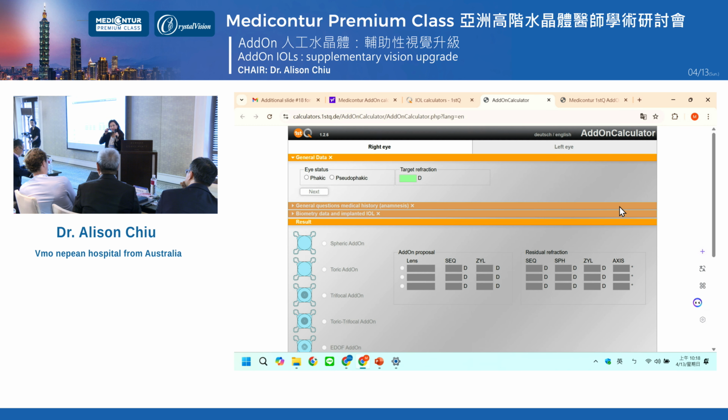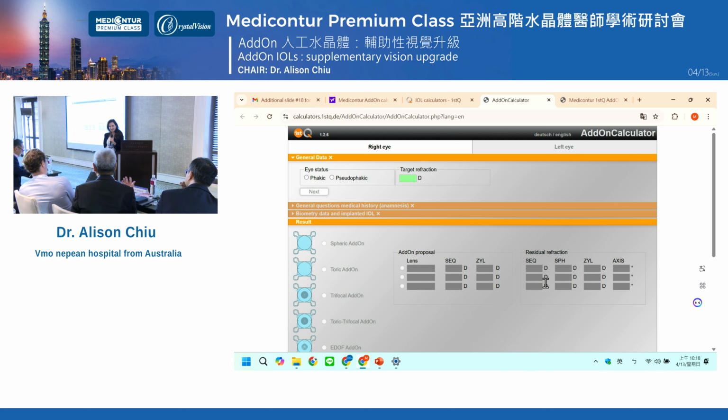So the approach that we follow is, if a patient is highly myopic, let's say -6 and above, then I will have a long conversation, and the non-dominant eye, we will put in a trifocal lens. And if they're happy with the vision with the trifocal lens, then the dominant eye will put in a trifocal lens as well.